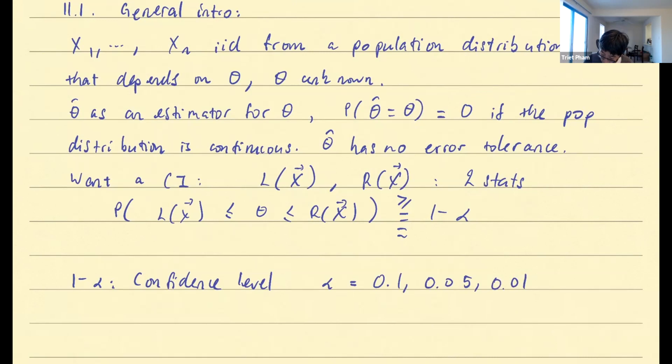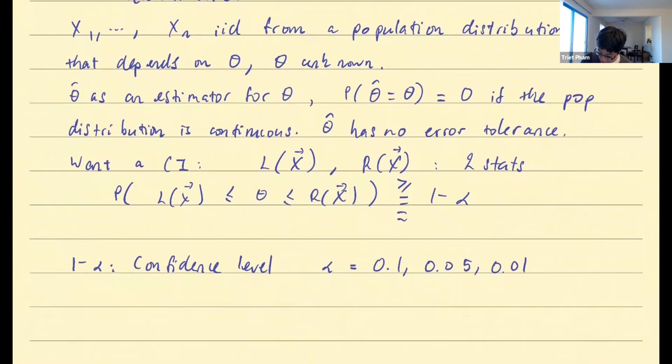So what do we want to say here? Maybe let me look at an example. Okay, an example would be x1 up to xn IID normal mu sigma square.